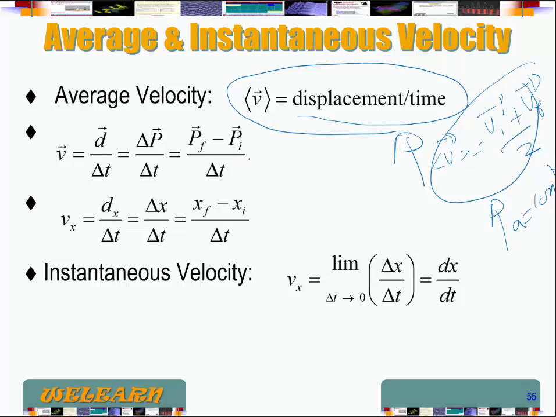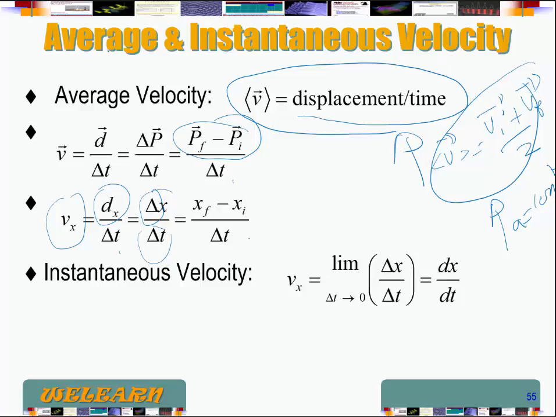Saying that it is displacement over time is saying it is change in position over time. If our motion is restricted to one direction, for example to the x-axis, then the velocity along the x would be the displacement along the x over time, which is change in x over time, x final minus x initial over time.